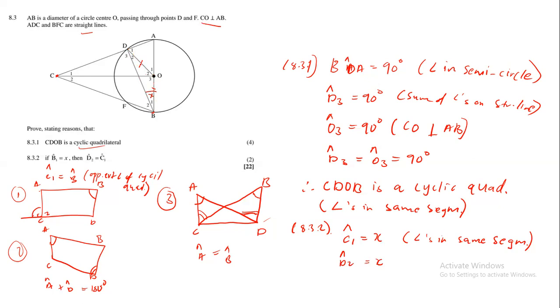So if the opposite sides of this triangle are equal, the base angles are also equal. So that's why we say angle D2 will also be equal to X. But what is the reason behind that? You can simply say OD is equal to OB, which is radii.